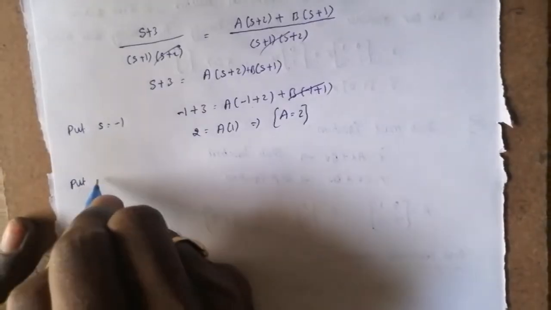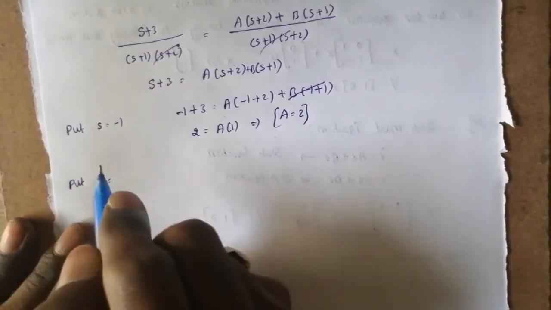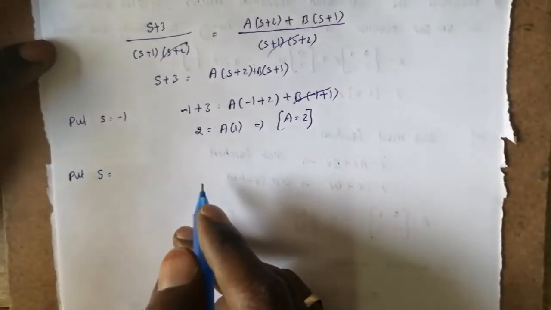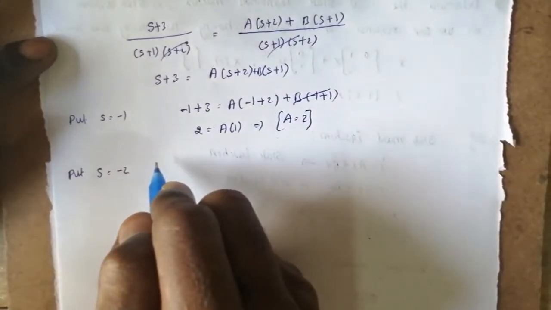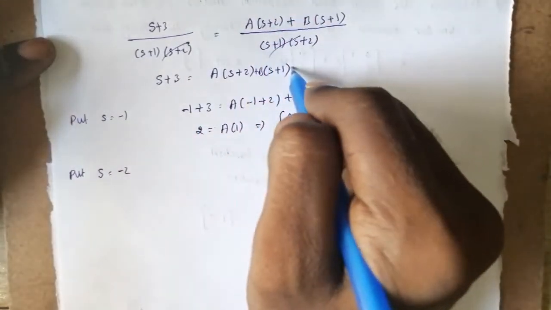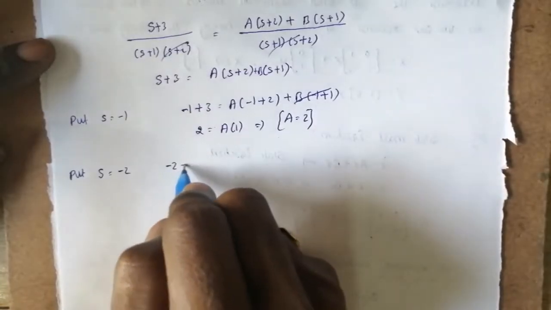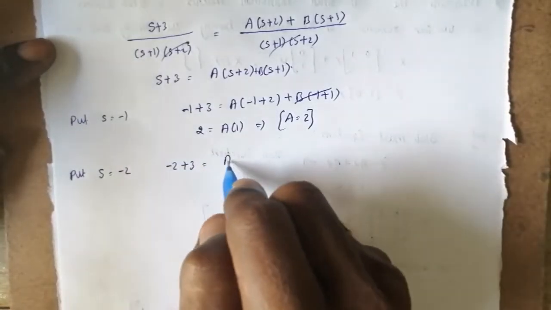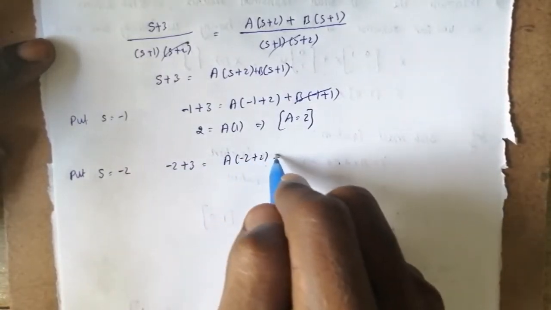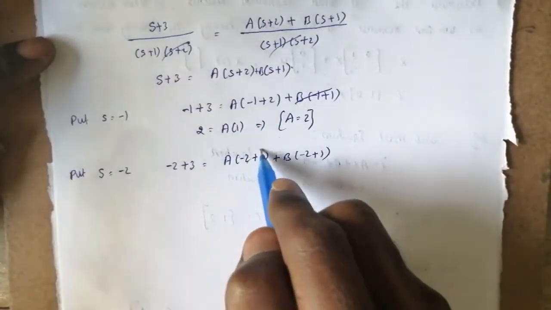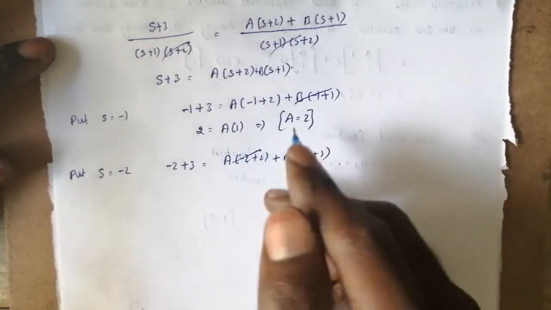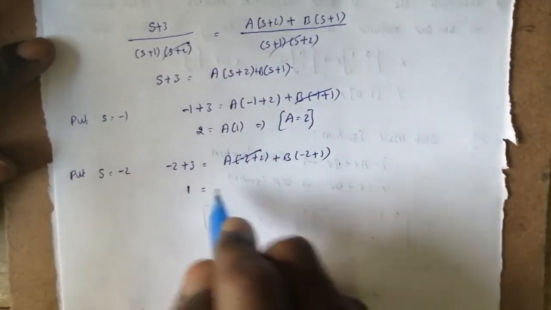Right, now put s equals minus 2. Then this equation will come: minus 2 plus 3 equals A(minus 2 plus 2) plus B(minus 2 plus 1). Here minus 2 plus 2 cancels and becomes 0, and minus 2 plus 3 is 1.